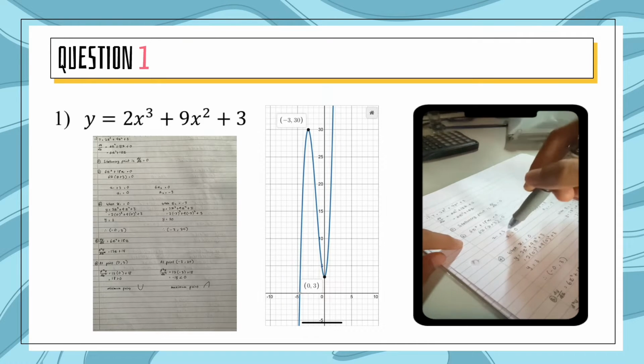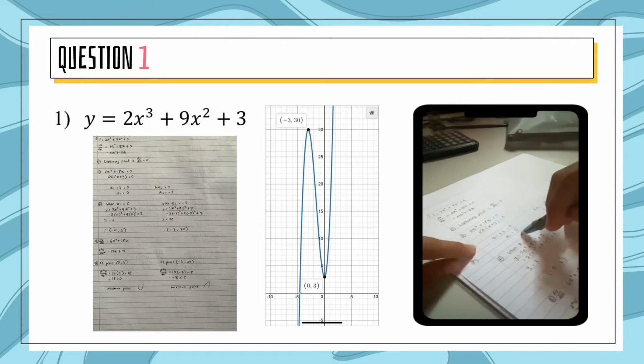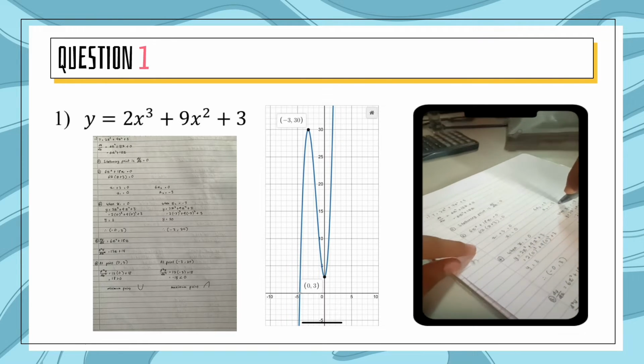After that, we get x1 is 0, and then x2 is negative 3.